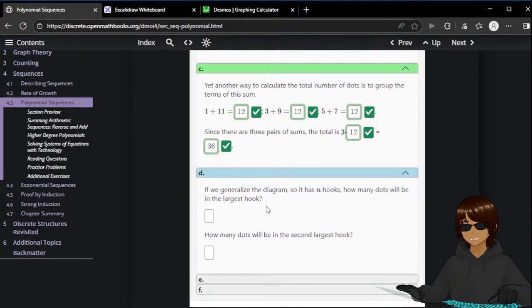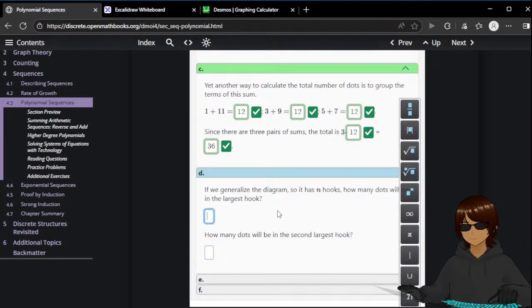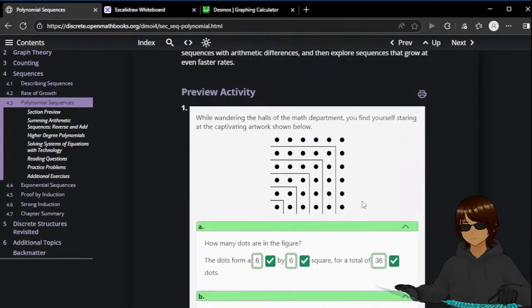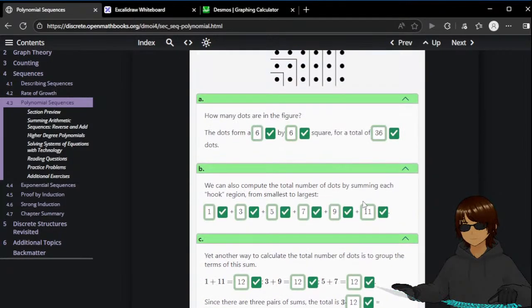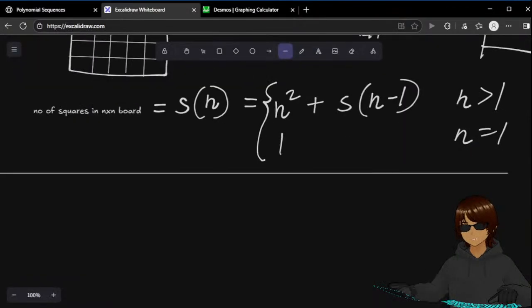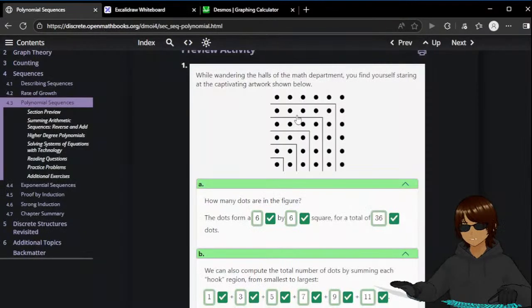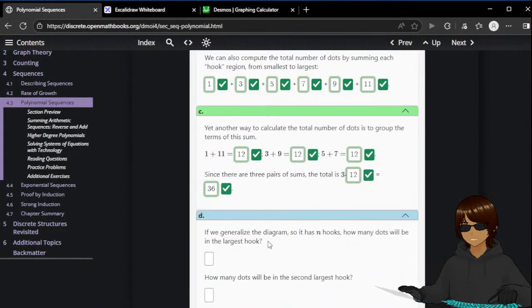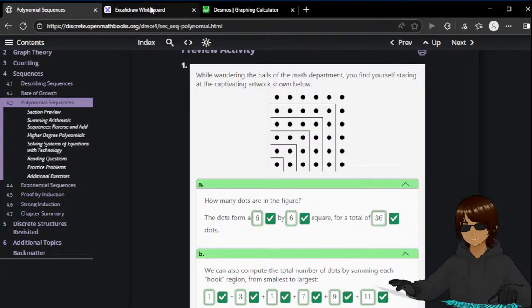We generalize the diagram so it has n hooks. How many dots will be in the largest hook? So, n hooks.